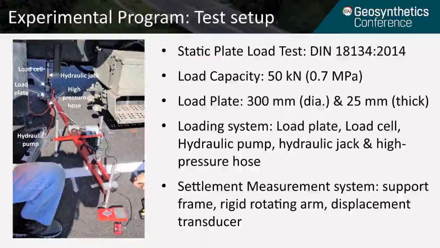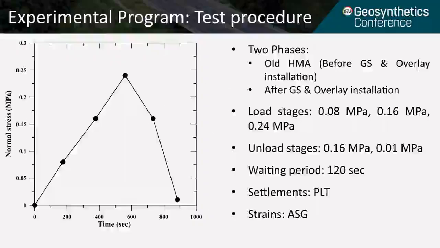The loading system consists of a 300 millimeter diameter load plate and a 50 kilonewton capacity load cell, a hydraulic jack, a hydraulic pump, and a high pressure hose. Whereas the settlement measurement system consists of a rigid rotating arm, a support frame, and a displacement transducer, which helps us to measure the plate settlements.